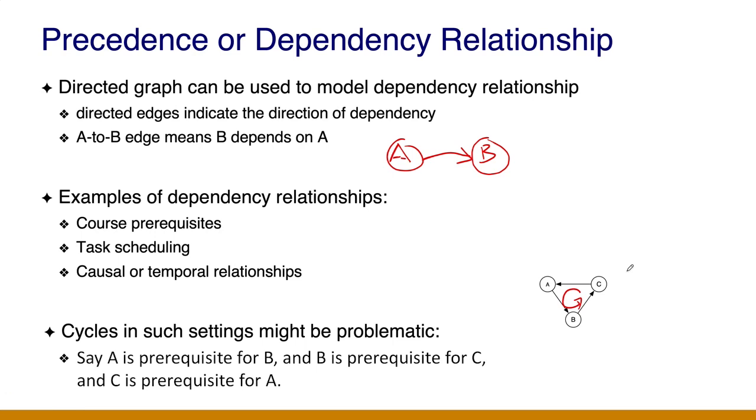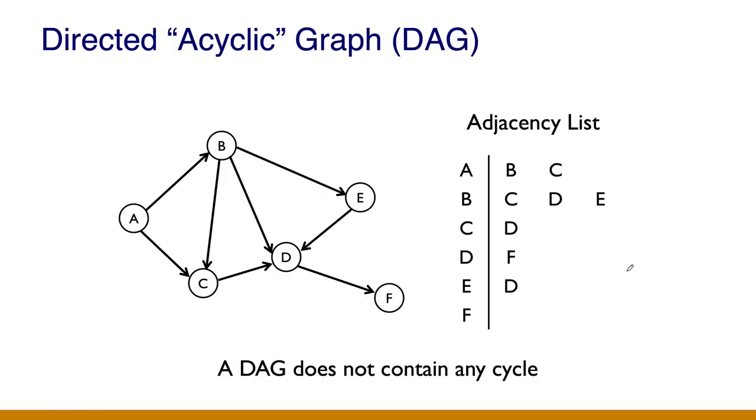So one of the very important things as a result is that if we want to use the graph for the purpose of capturing dependency, you should have a graph that contains no cycle. This is what we mean by having a graph that's directed but acyclic. Acyclic here basically means that there's no cycle in the graph.